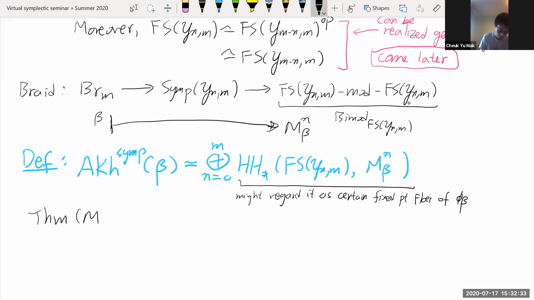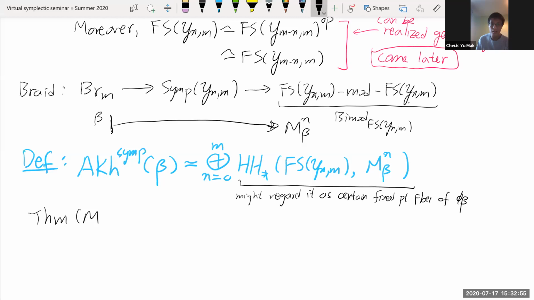You don't have a general way of computing this in terms of this extended arc algebra? I cannot hear you very clearly. I don't know.